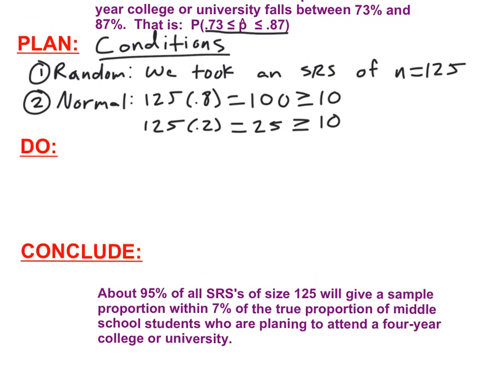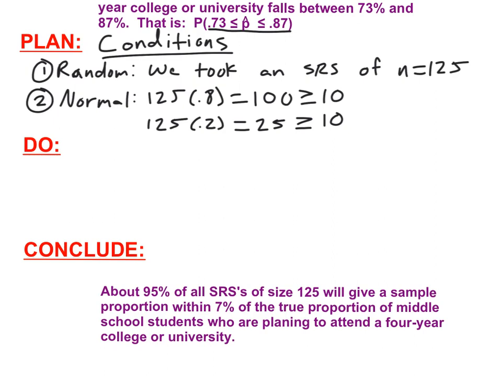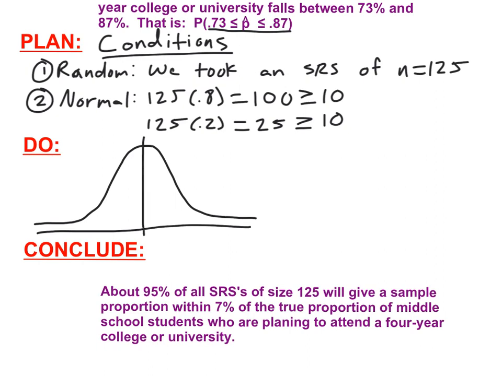All right, so down in our do, we've done these before. This would be where we're going to draw a normal curve. This normal curve is going to be centered at 0.8.